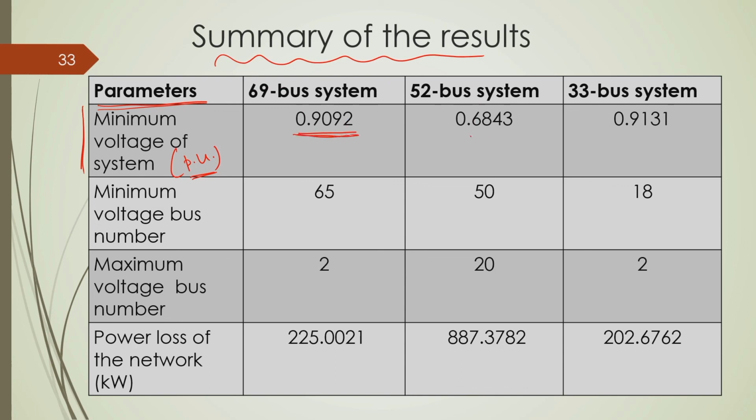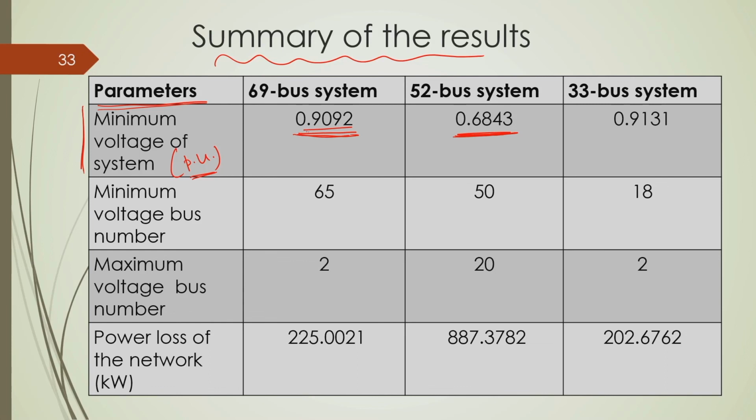For the 52 bus system, it is much lower, 0.6843, which corresponds to a 32% voltage drop, whereas here we have a 10% voltage drop, which is somewhat acceptable, but here it is a very high voltage drop. Similarly, here also it is a 9% voltage drop.